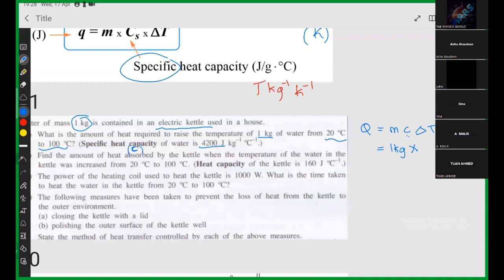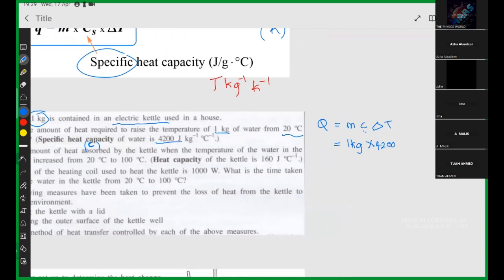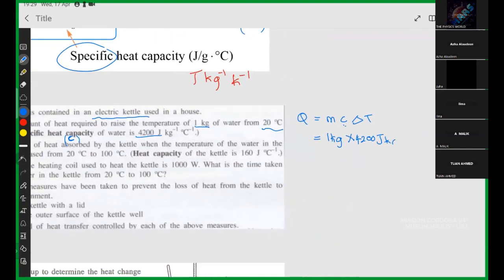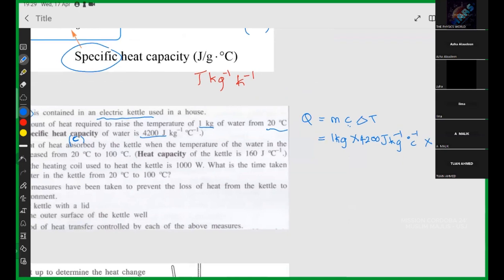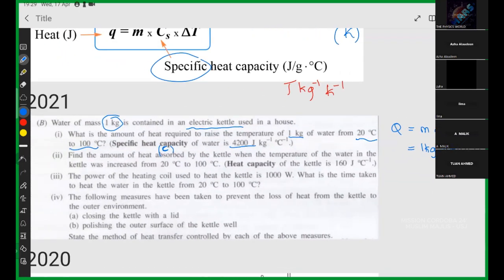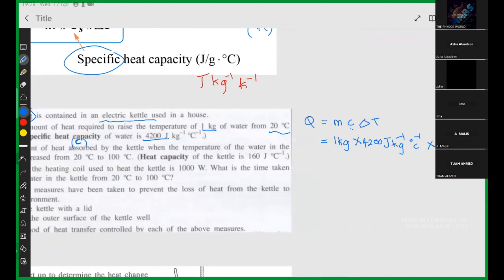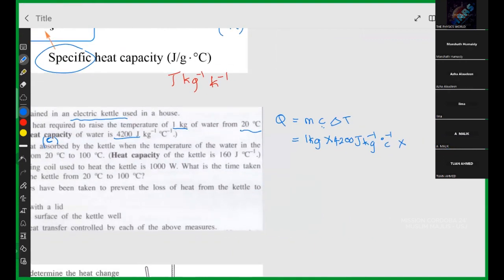Then what is that? 4,200 joule per kilogram per degree Celsius. And what is the temperature change? From 20 to 100, so 80. Yes, it's 80. You can write it as degree Celsius.